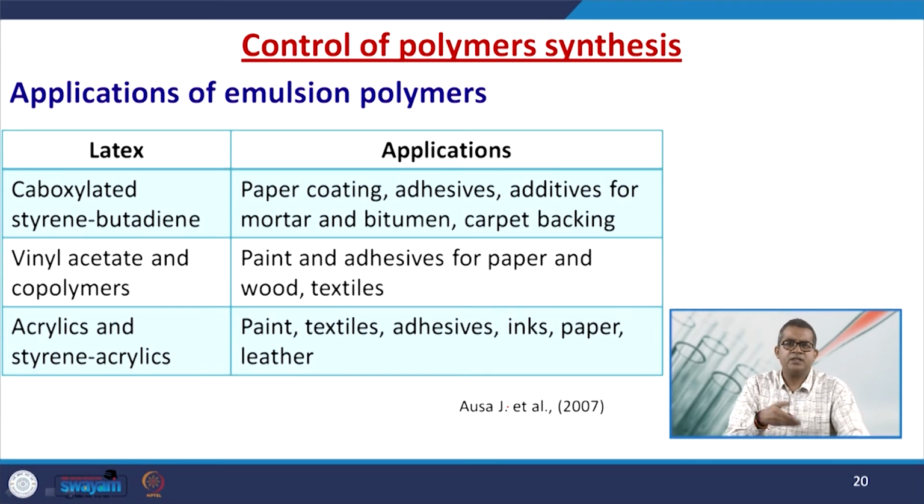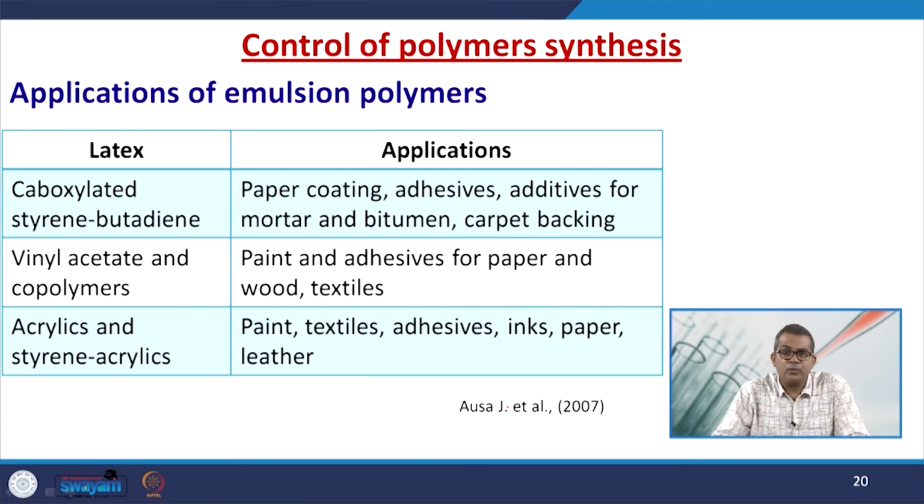Now, here you can see the various applications of these emulsion polymerizations, like carboxylated styrene butadiene is useful for paper coating, adhesives, additive for different types of mortar or bitumen, or sometimes carpet backing. If you see the carpet, there is a protective layer that is attributed to the styrene butadiene.